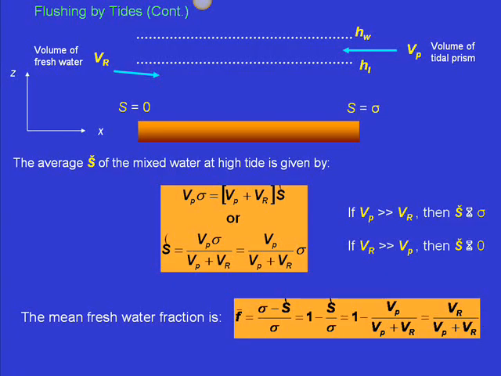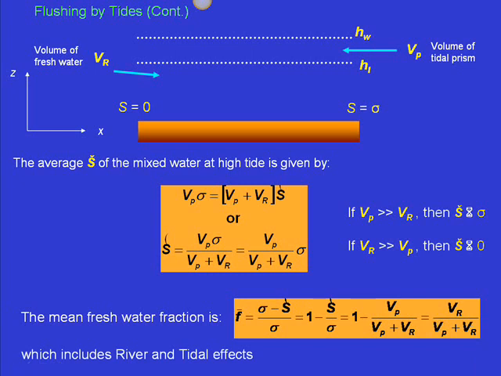But you can see also that for a freshwater fraction, you don't need to measure salinity, if you can determine these variables here without measuring salinity. And this concept of freshwater fraction includes both river and tidal effects.